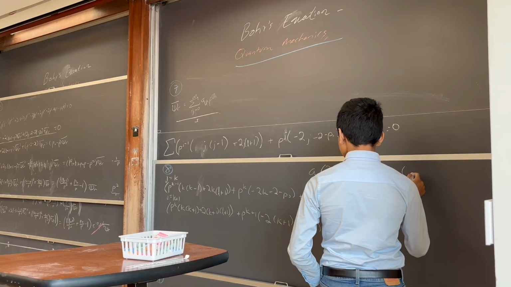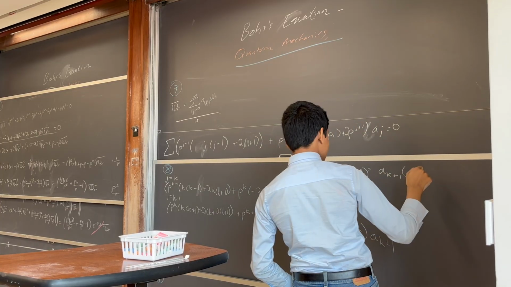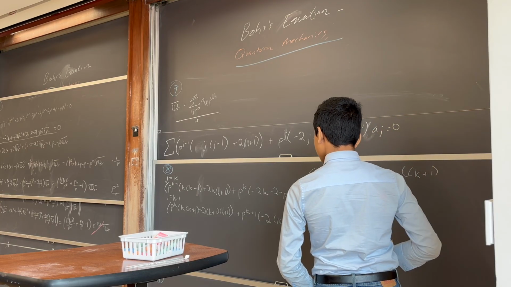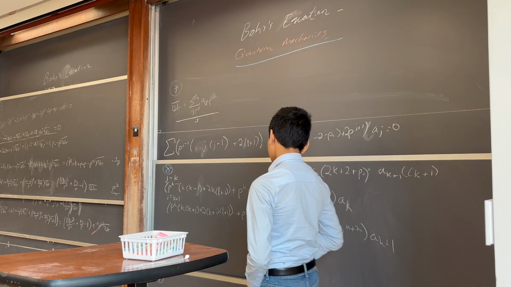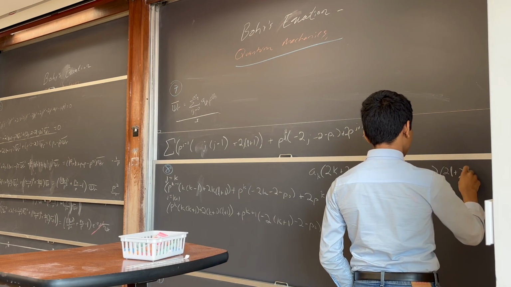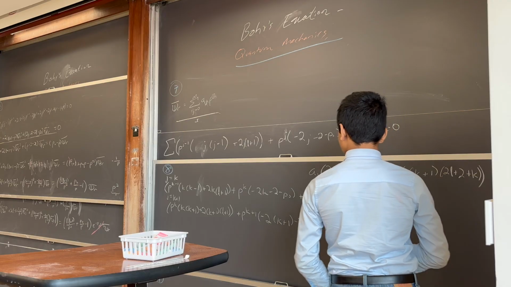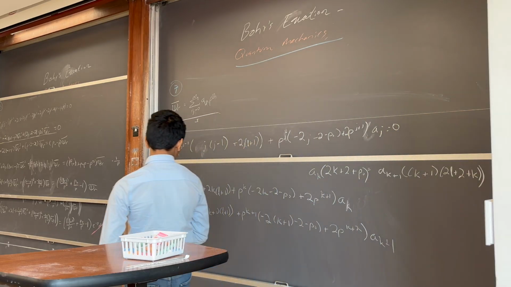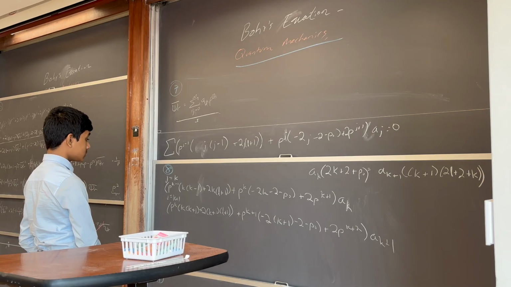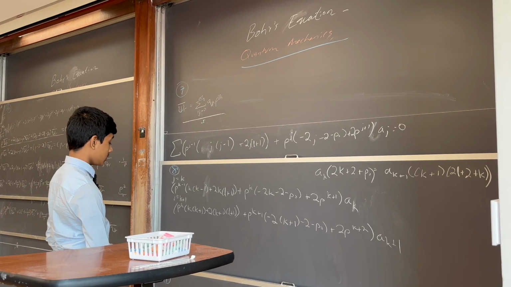And if you factorize this, you'll notice that it's actually k plus 1 multiplied by 2l plus 2 plus k. Wait, no. 2l plus 2 plus k. Yeah.